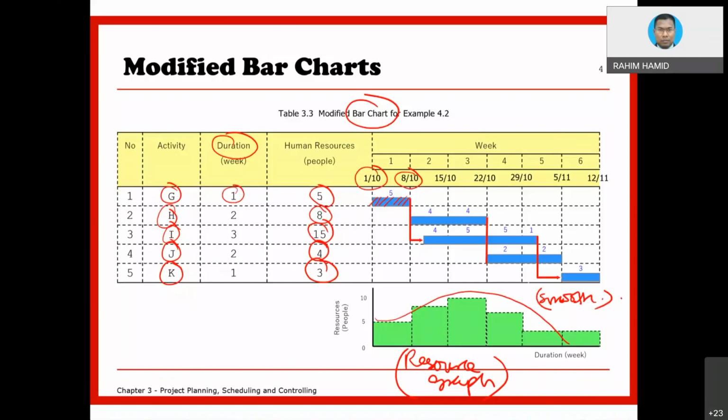The graph might look worse, in such a way that there might be peaks and troughs, puncak dan lembah. This kind of situation will make your life difficult, especially trying to find more people, and then how are you going to keep people who are not needed? Are you going to pay them? That is what we call resource management.